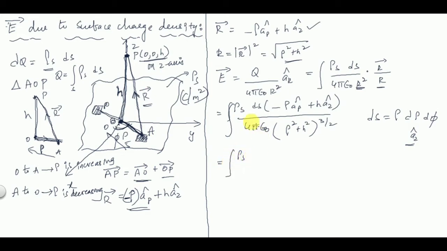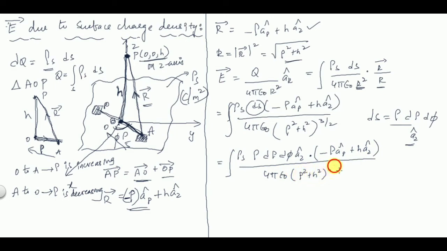Integral of rho S into dS is rho, because Z is the axis where this surface charge density is going to exist, right? In the place of dS, I am substituting rho d rho d phi a_Z cap dot minus rho a_rho cap plus H into a_Z cap, divided by 4 pi epsilon naught into rho square plus H square whole to the power of 3 by 2.